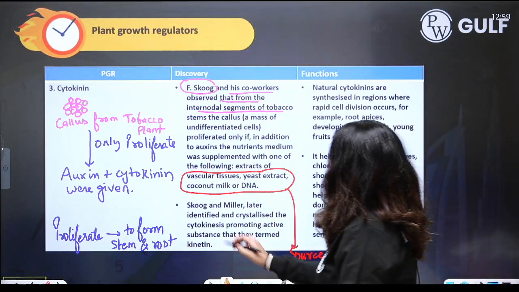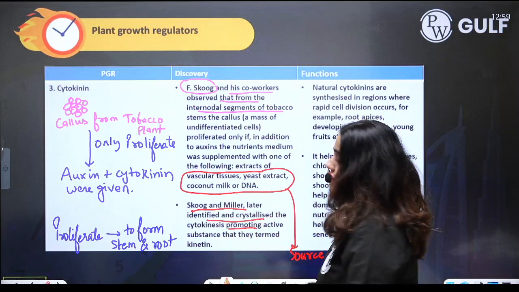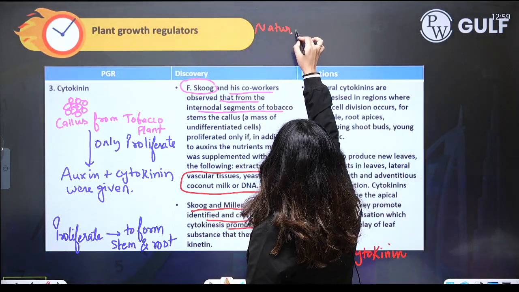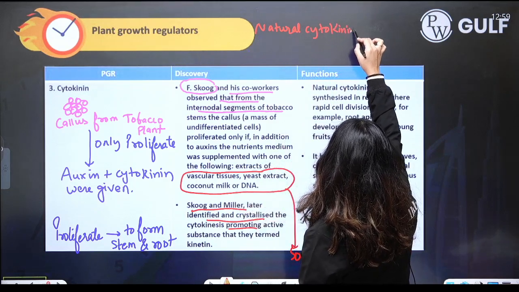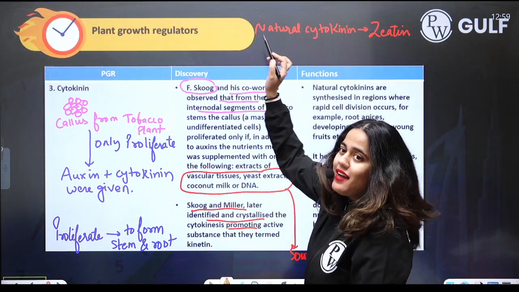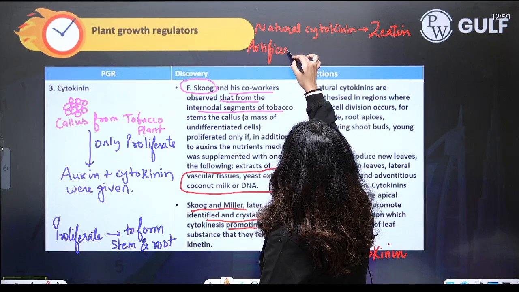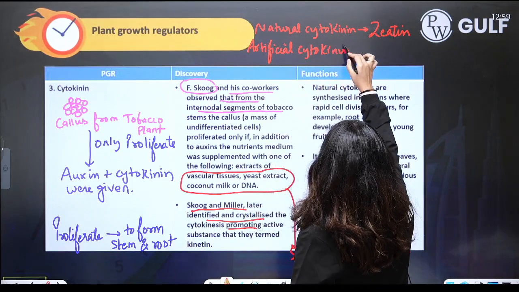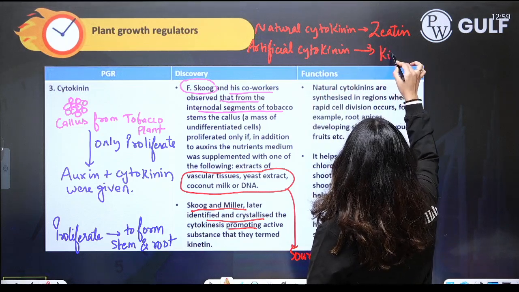Okay. Then Skoog and Miller identified the first cytokinin. Remember the natural cytokinin. The name of the natural cytokinin is zeatin. It was discovered from the maize plant, right? And the artificial cytokinin was discovered from fish, kinetin.